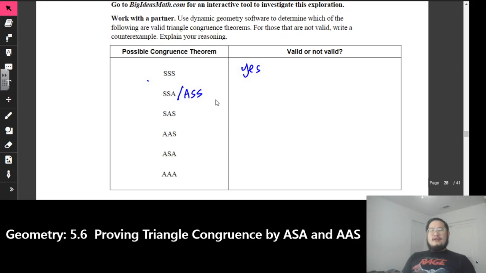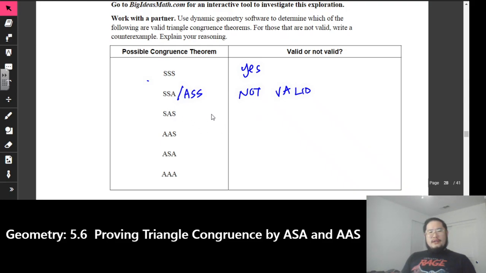We never learned SSA or ASS, and we are never going to learn that because this is not valid. So never use angle, side, side, or I'll think that you might be an angle, side, side because you're not paying attention, or side, side, angle. So hopefully you can remember that that is not valid.